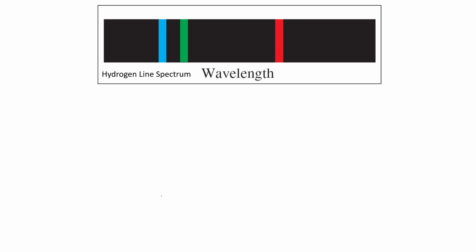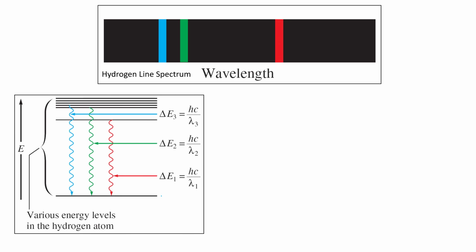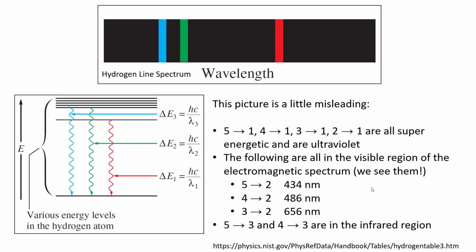All right, so then back to those line spectra we looked at before. This was the hydrogen line spectrum, and then our textbook has this picture here, which is a little bit misleading because if you actually calculate the transitions and relate them to color and energy, in this figure it looks like it's going, oh, from 2 to 1, from 3 to 1, and 4 to 1, but in actuality, those transitions are all super energetic and therefore in the ultraviolet region, and so we don't see them.